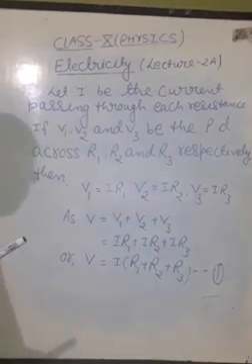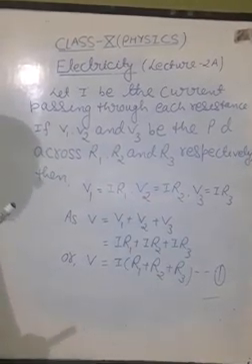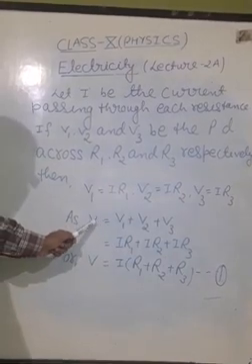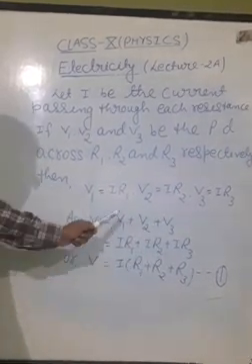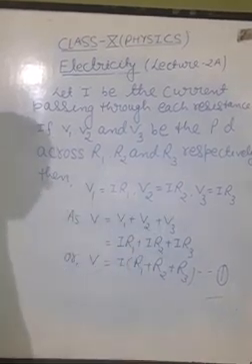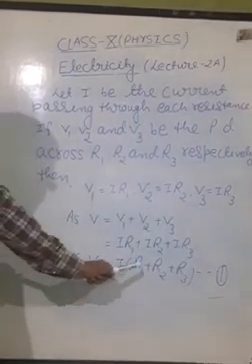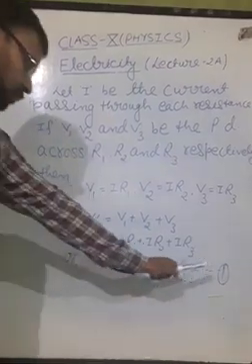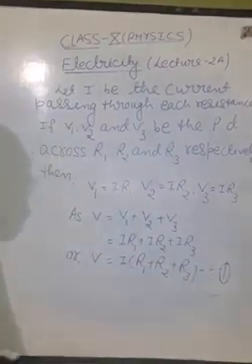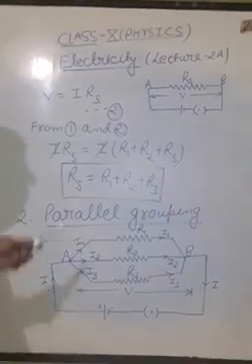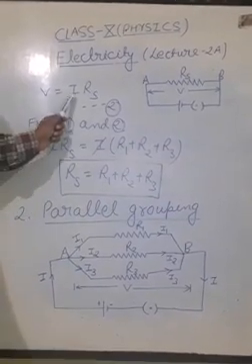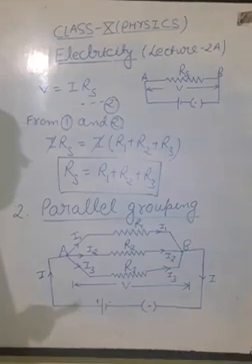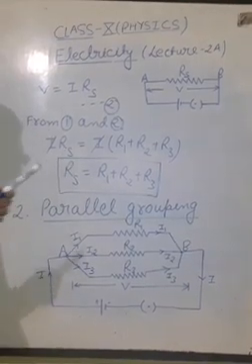If V be the potential difference between the points A and D, then V equals V1 plus V2 plus V3. Put the values of V1, V2 and V3 and after simplification we get equation 1. If Rs be the equivalent resistance, then we can write V equals I Rs. Now comparing equation 1 and 2, what do we get?